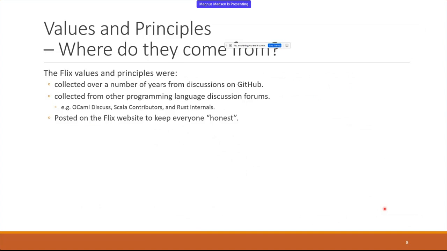We also looked at other programming language forums, for example, the OCaml discussion website, Scala contributors, and Rust internals, to see how they designed various aspects of their language. Then, writing these things down, we at some point decided to start posting them on the Flix website to keep everyone honest, or to have a central place where these things were written down and you could reference them.